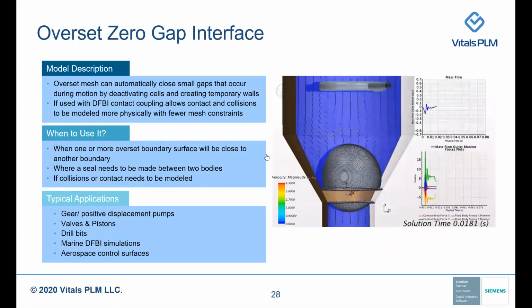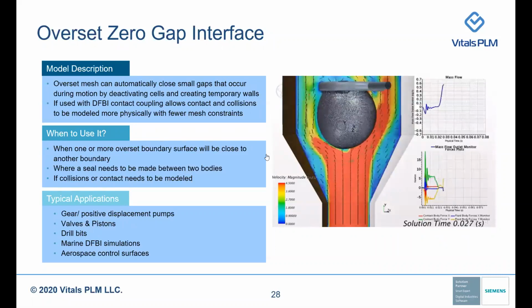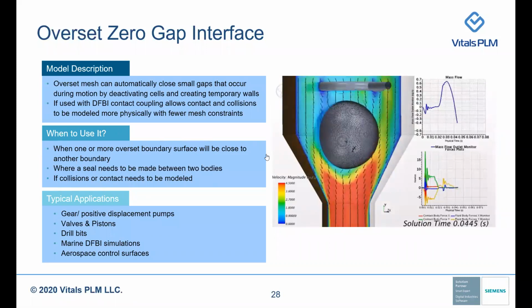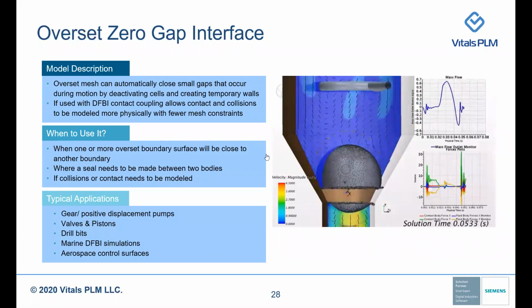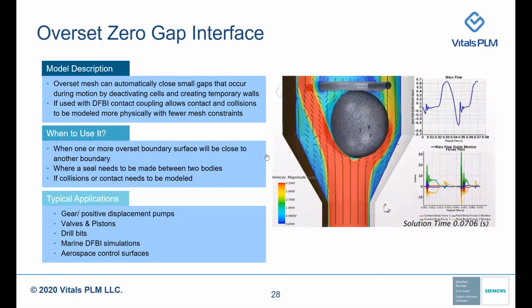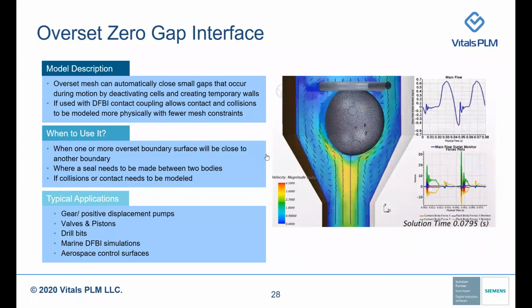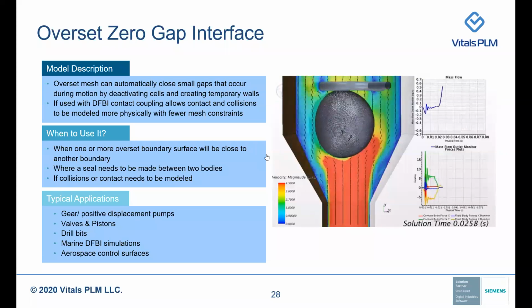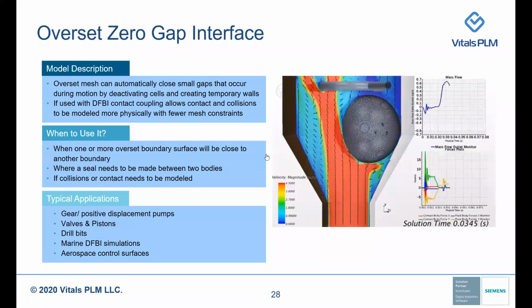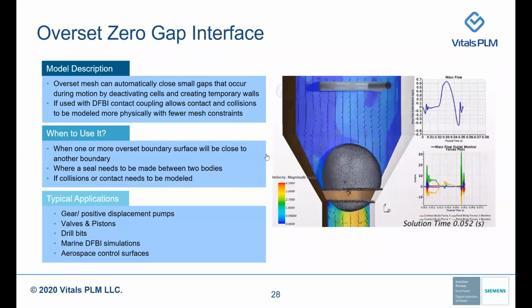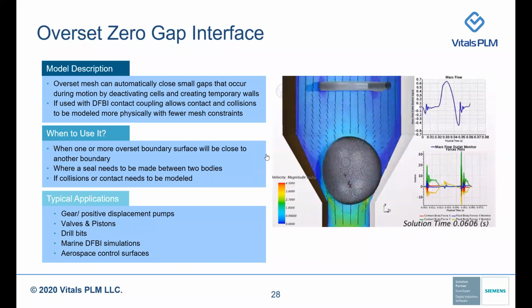The example for the overset zero gap interface is the spherical valve you can see here, in an internal application. When there is a high flow, the spherical valve is lifted up, and when there's no flow, it touches the inner walls of this component, which is a scenario of zero gap between the sphere and the walls.